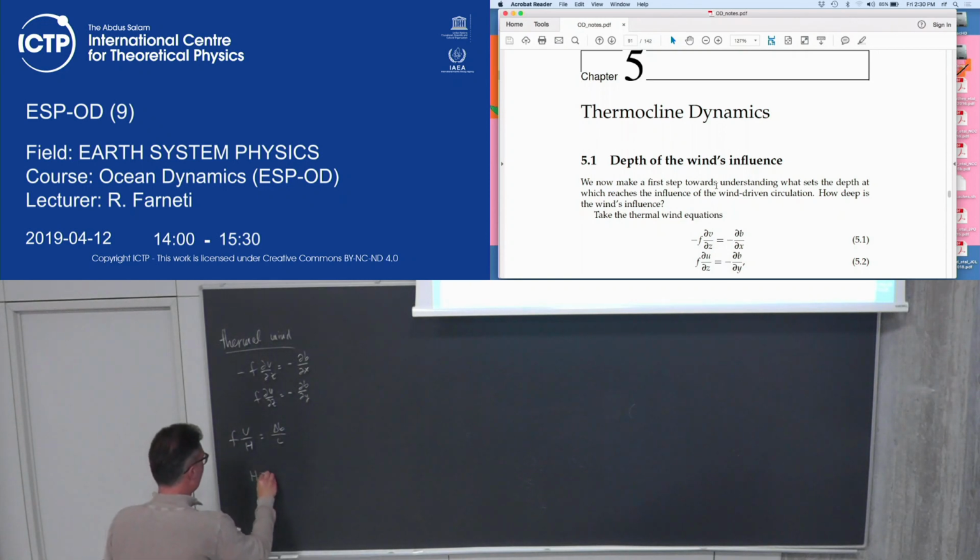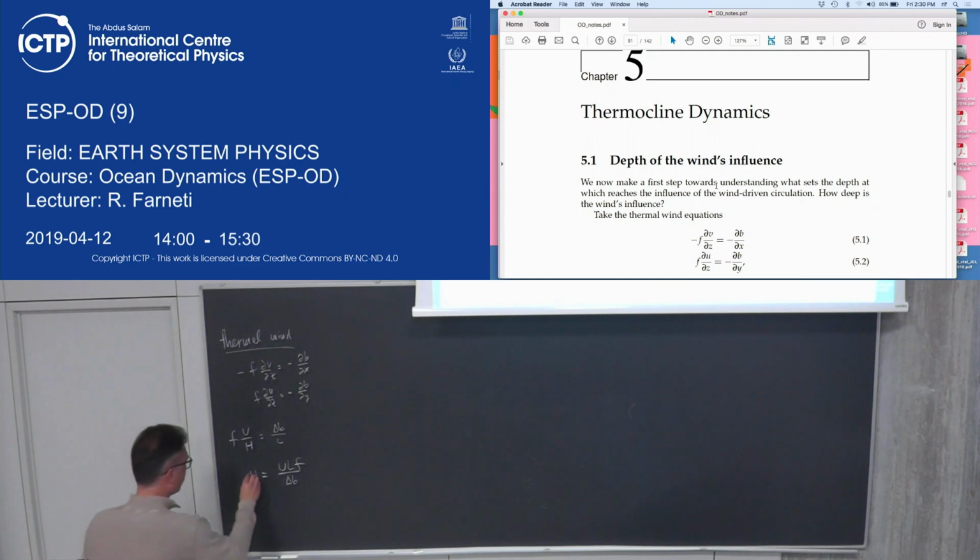So you want to know H, and H is going to be U L f over delta B. Okay, so that's a scale for the vertical scale.